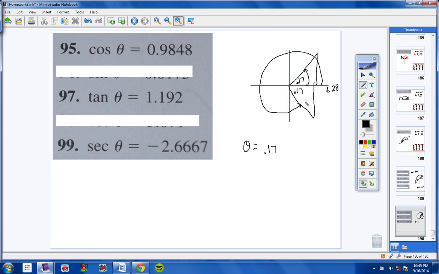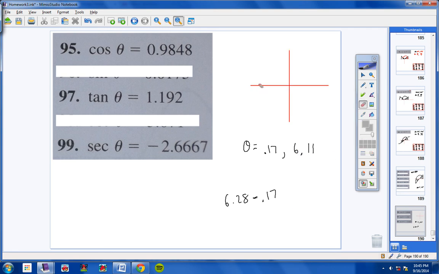So we're 0.17 short of going to 6.28. So I'm going to take 6.28 minus 0.17. And if you do that correctly, you will get 6.11. Okay? All right. Moving on to number 97.